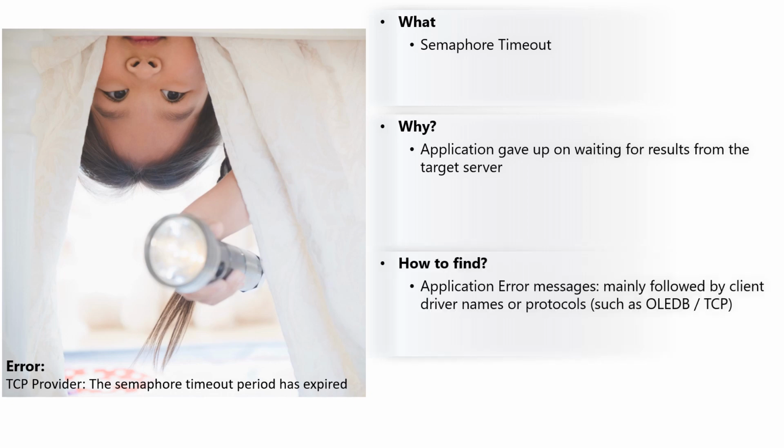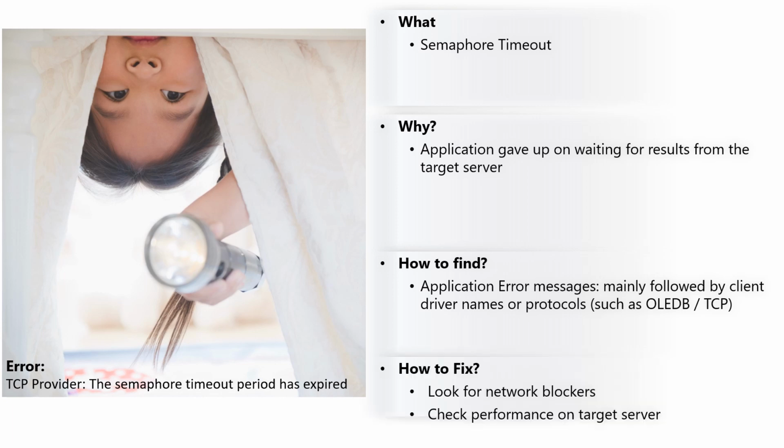How to find it? Usually you find this error in application logs, and they are mainly followed by the client driver names or protocols, such as OLEDB or TCP. In the way that we decided to put in the title of this session, you will see, for example, TCP Provider, the Semaphore Timeout period has expired.